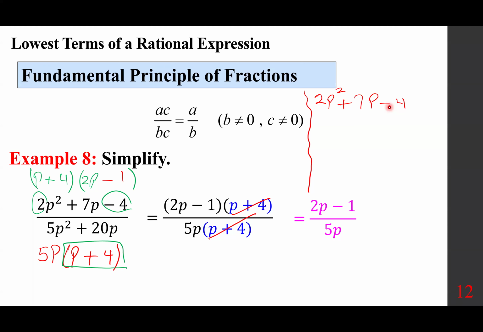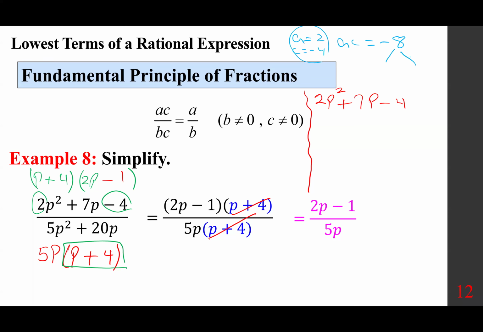The methodology that I want to discuss is the one that we had discussed in the beginning. A is 2, C is negative 4, and A times C is 2 times negative 4, which is negative 8.